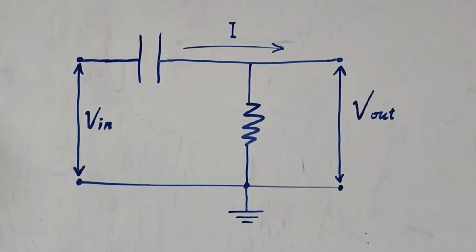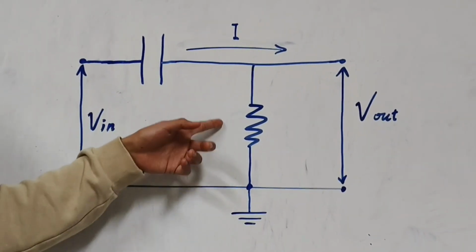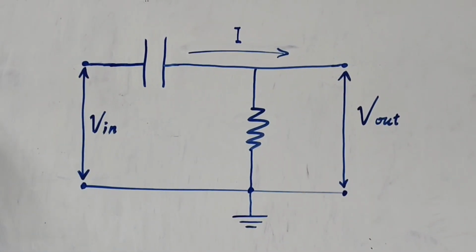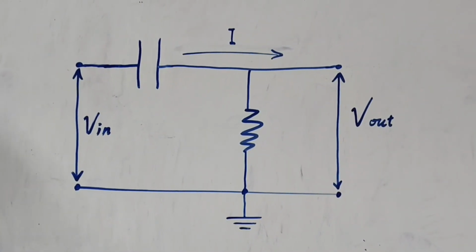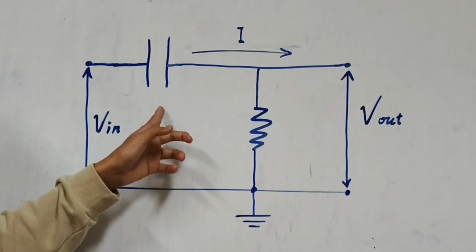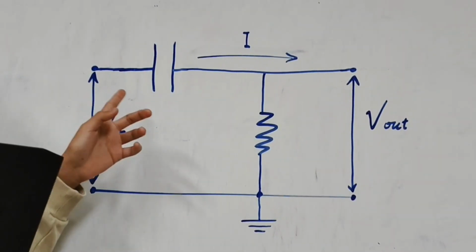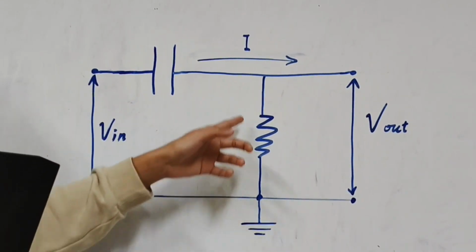In a typical high-pass filter configuration, the output is taken across the resistor. At low frequency, the capacitive reactance is very large. This means the capacitor effectively blocks the signal, resulting in a very small output voltage across the resistor.